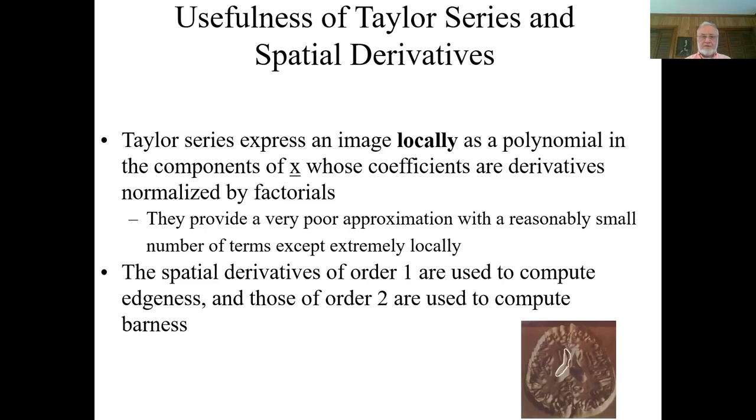The other thing to remind you is that we have said already that spatial derivatives of order 1 are going to be used to compute edgeness, and those of order 2 are going to be used to compute barness. How strong a pixel, how strong the information of being an edge is.